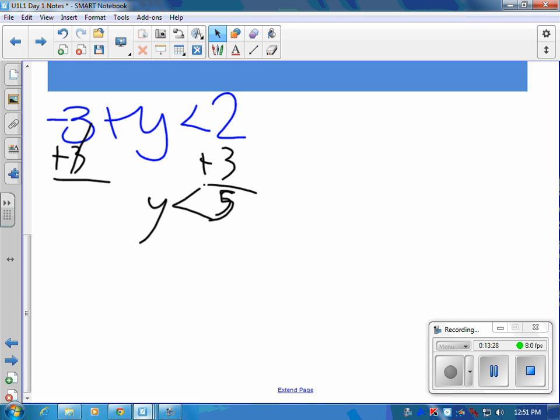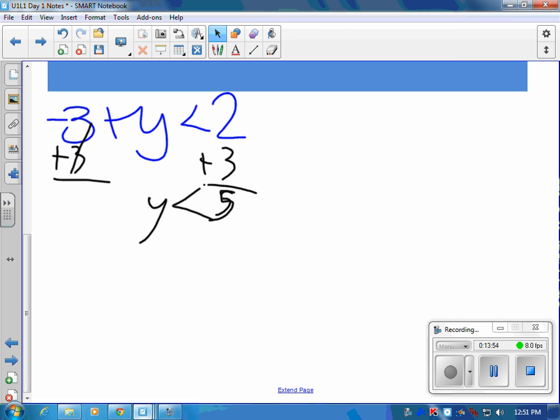There is not just one answer that works for this problem. Any value that is less than 5 is a solution to this problem. How many solutions did I have for my equations? Just one. I had one exact solution. X equals this number. For my inequalities, I have an infinite number.